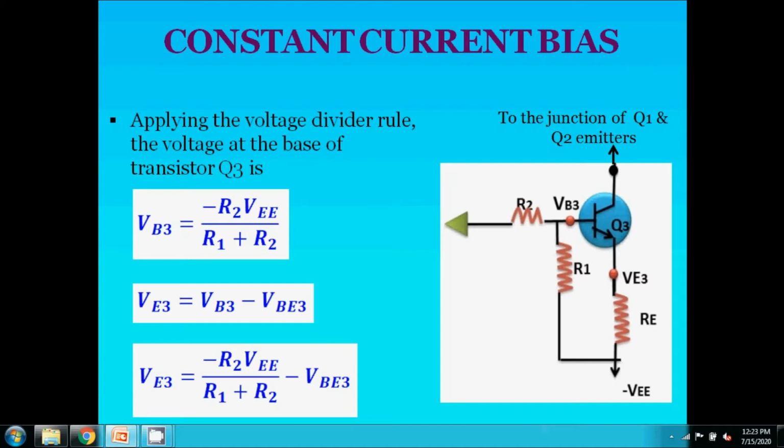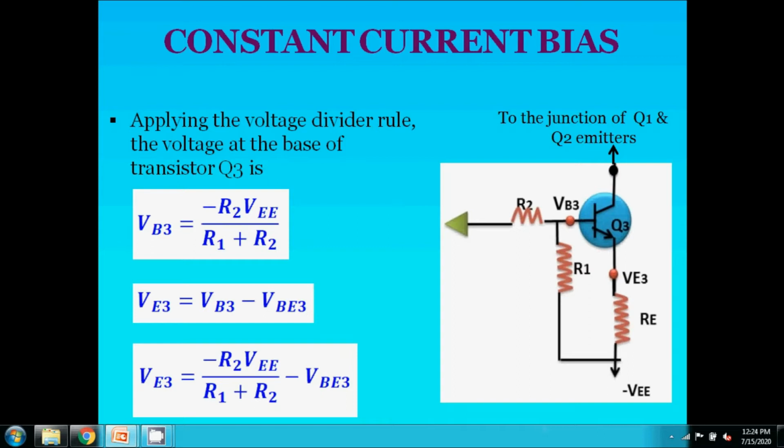So the voltage available at the emitter is the voltage at the base minus the voltage drop between the base to emitter junction of transistor Q3. That is, VB3 minus VBE3 is the emitter voltage VE3.